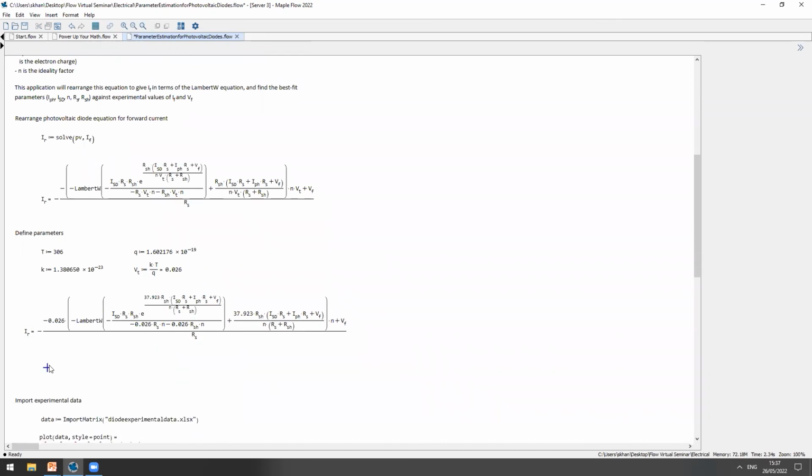If I want to find what those undetermined parameters are, I can use the indets function to give me all of the unassigned names. And there we go. So I want to find best fit values for ISD, IPH, RS, RSH, VF, which is actually my independent variable, and N.